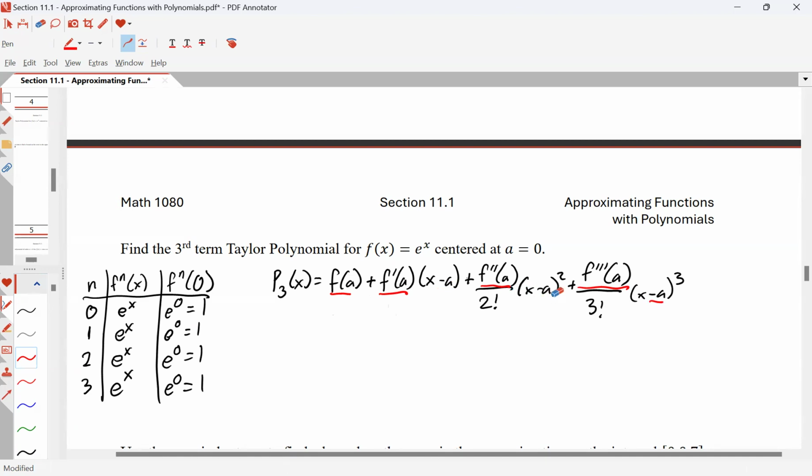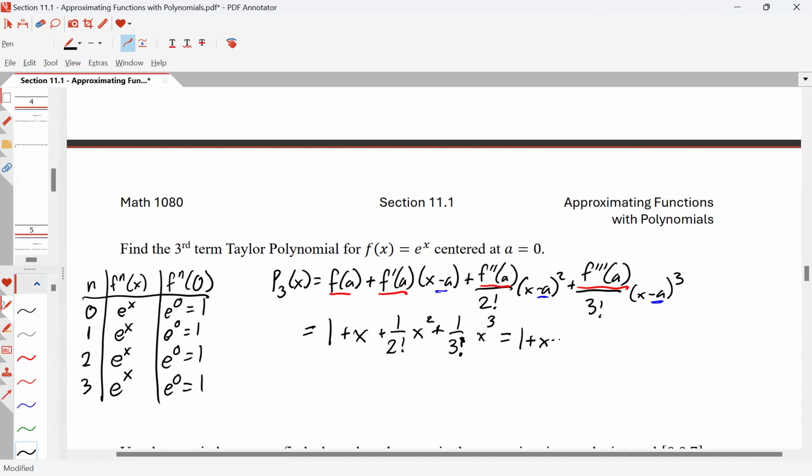So I'm going to underline that in a different color. All those a's are 0, and all the functions are 1. So the approximation is going to be 1 plus x plus 1 over 2 factorial x squared plus 1 over 3 factorial x cubed.